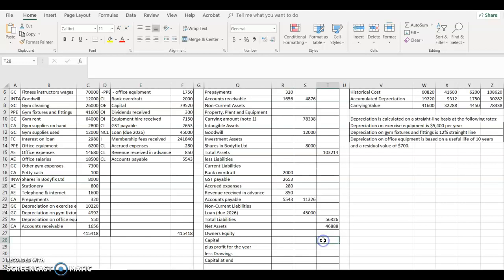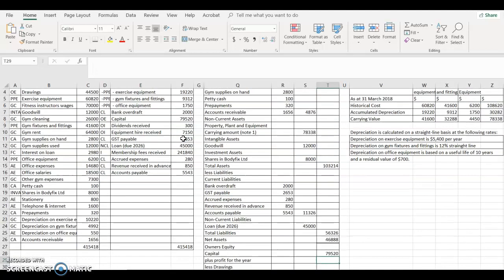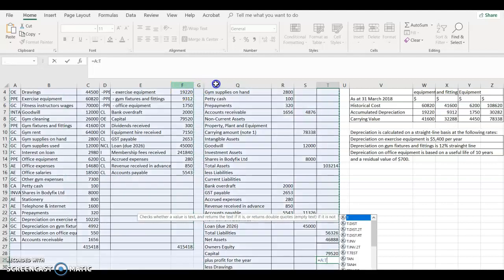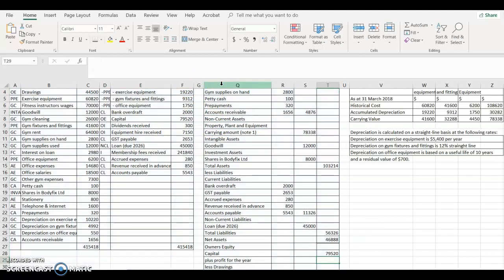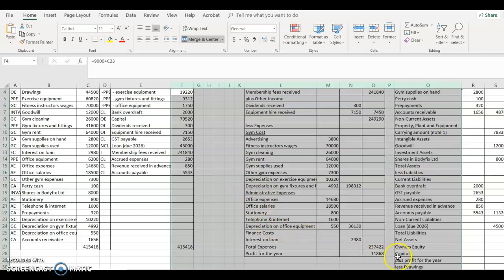So our opening capital is easy to start with. We just find that figure there. Our profit, we're going to have to find it from back here. From that one.